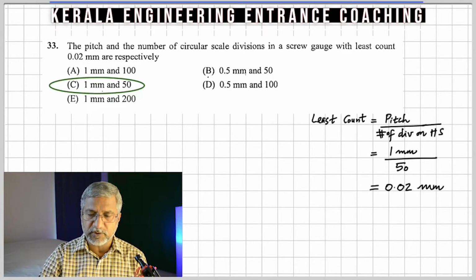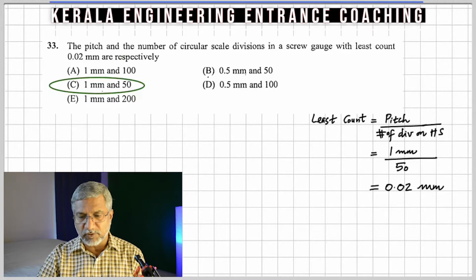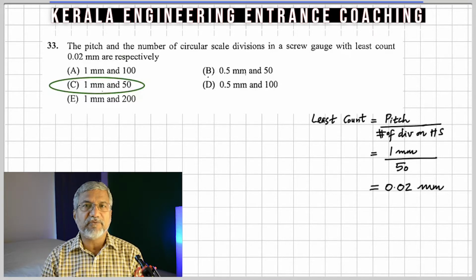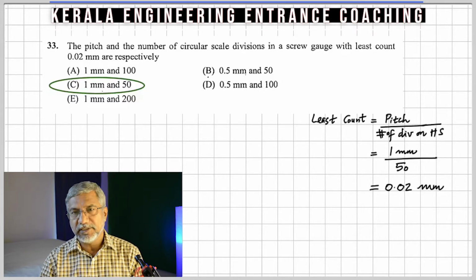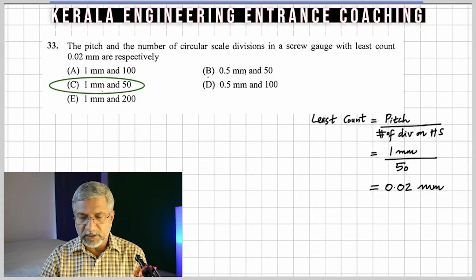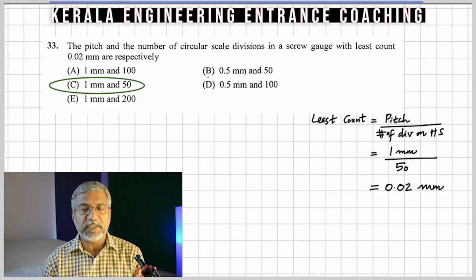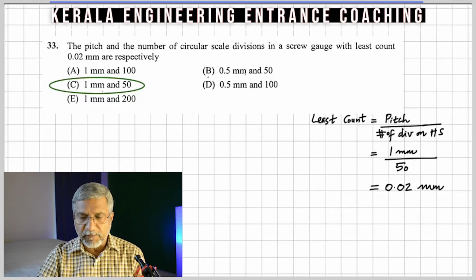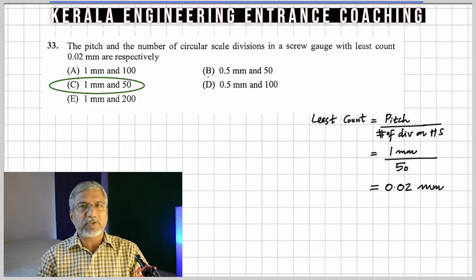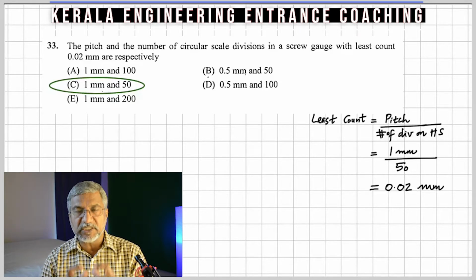For example, the first one would give you 1 divided by 100, which is 0.01. B would be, say, 0.5 by 50, which is 1 by 100, so 0.01. And D would be 0.5 by 100, which is 0.005. So you see that only C works. So that is the answer.